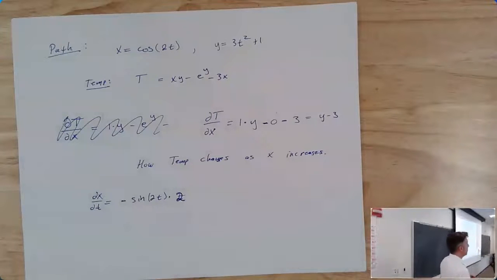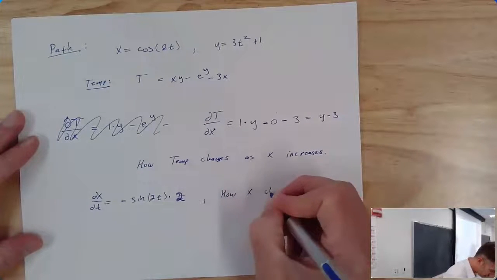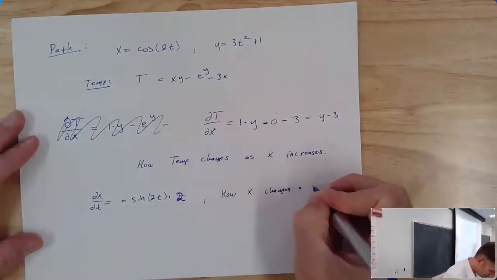So what does this measure? I'm going to say the same thing, just replacing what the things are. Instead of how temperature changes as x increases, I'm saying how x changes as time increases.